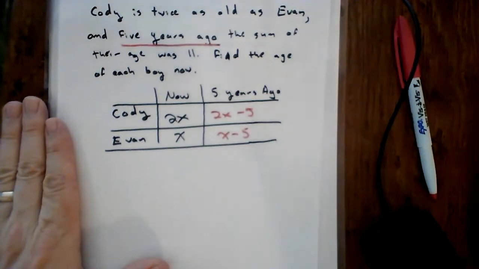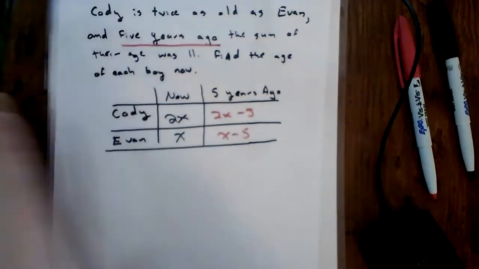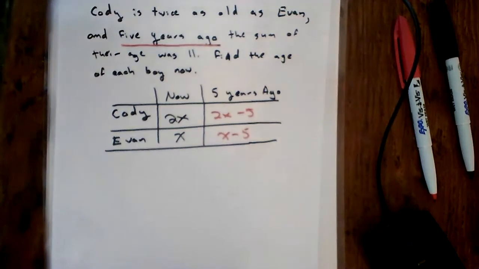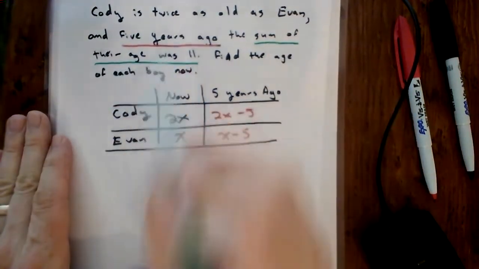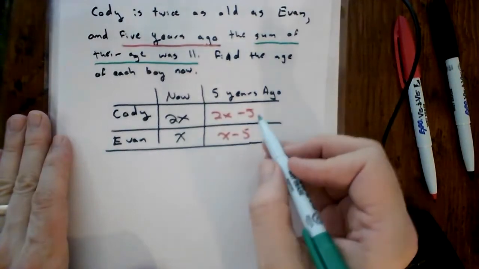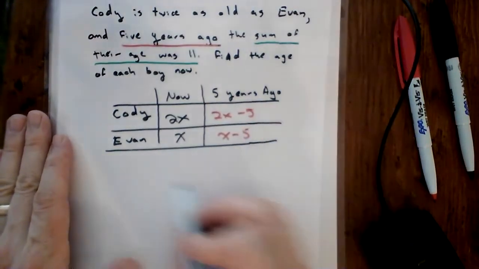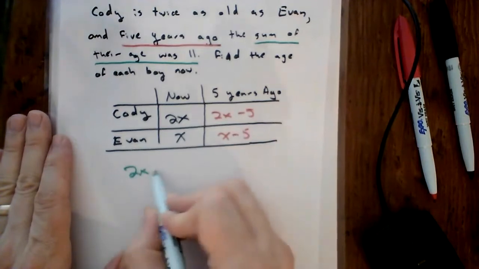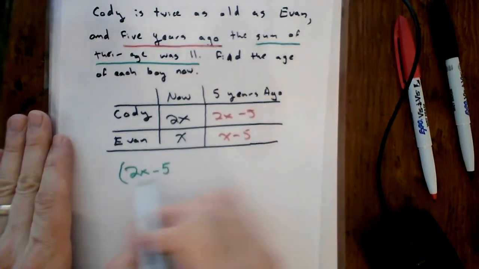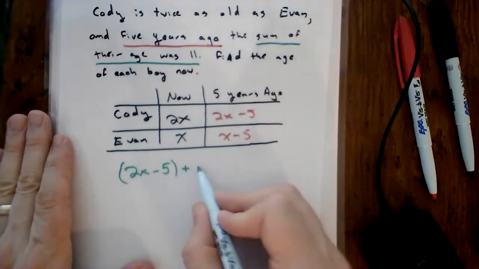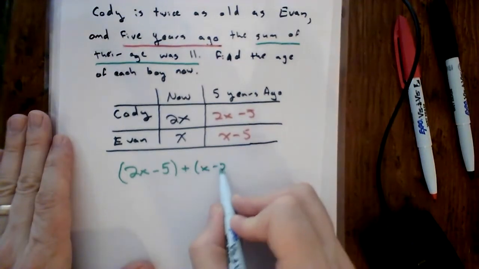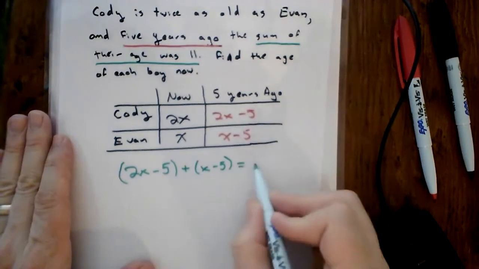Now, this is another piece where I say that the sum of their ages was 11. So I know that if I take both of their ages, if I take that 2x minus 5, so that's how old Cody was, and if I take Evan's age, x minus 5, I know that that sum is equal to 11.